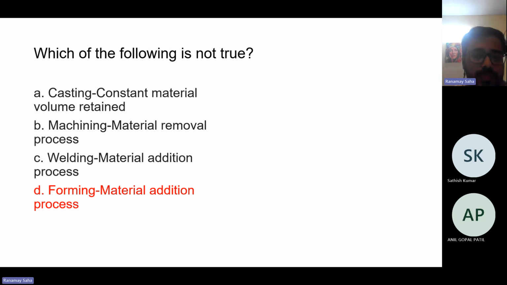Machining is a kind of subtractive manufacturing. Then you have forming, which is a material addition process. Addition process is a process through which a material is shaped into that. So, last option D.